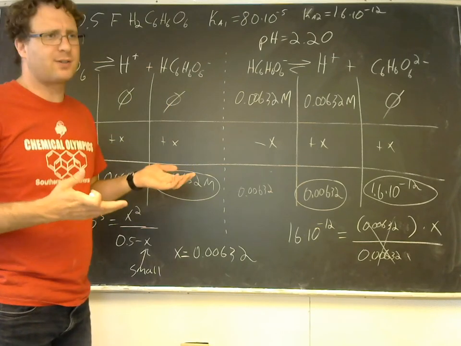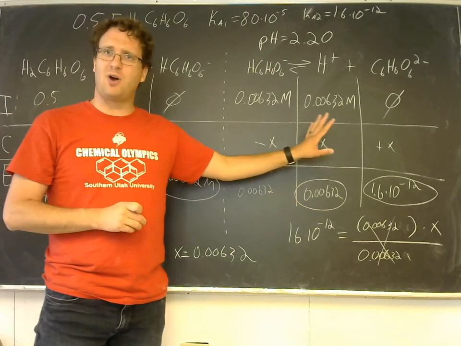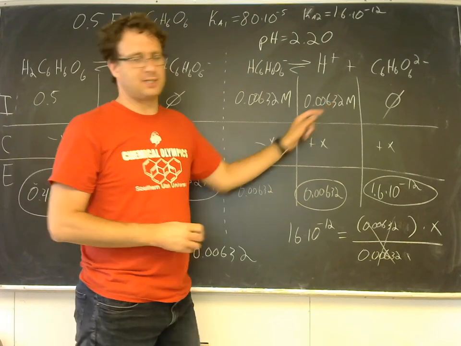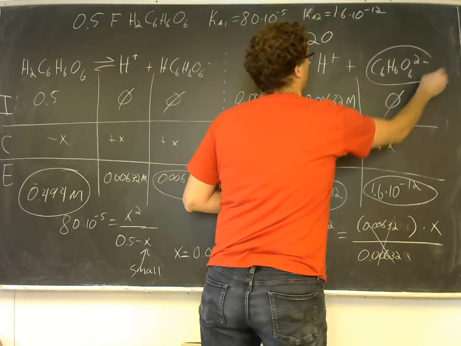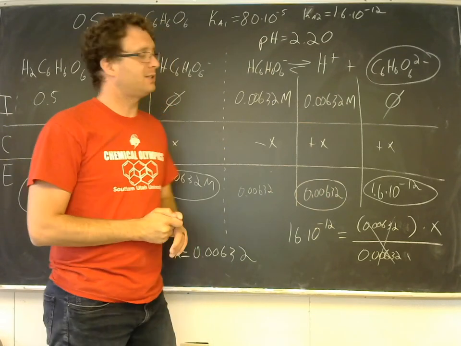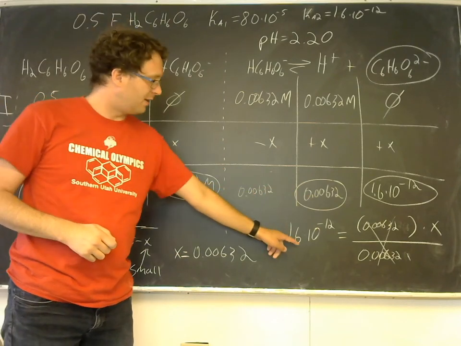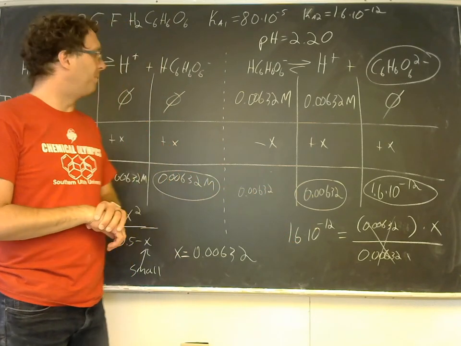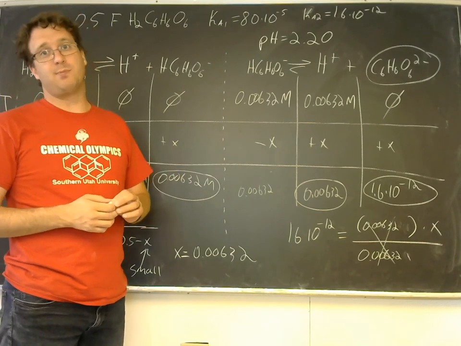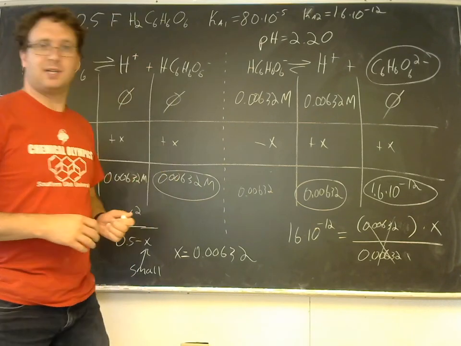But in practical terms, for multiprotic acids, this second step is always negligibly small. The only reason we needed to do this second step at all was to figure out the amount of that C6H6O6 2 minus. It did not affect our other concentrations because this number is so very small. And so it's a way that makes these problems much, much easier, but it is perfectly valid. So that's all I have to say about polyprotic acids.